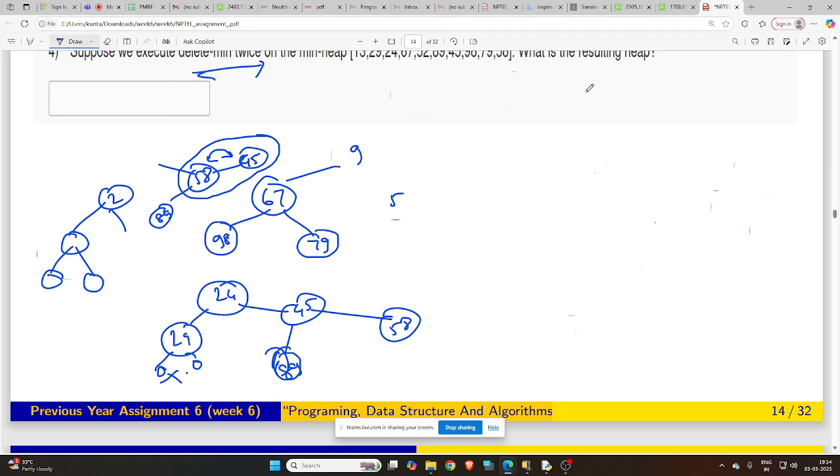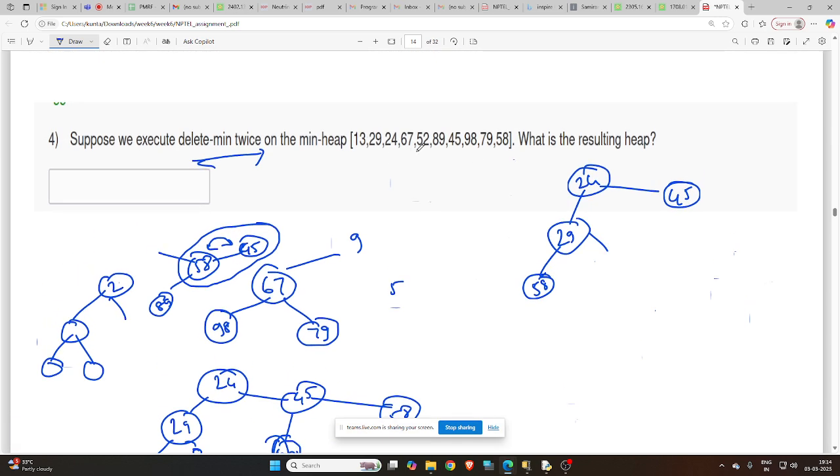So after taking one delete, the structure is 24, 29, 45. Then this is 58. No, no, no. What was there? I forgot. 29. After that 29, what was there? 67.